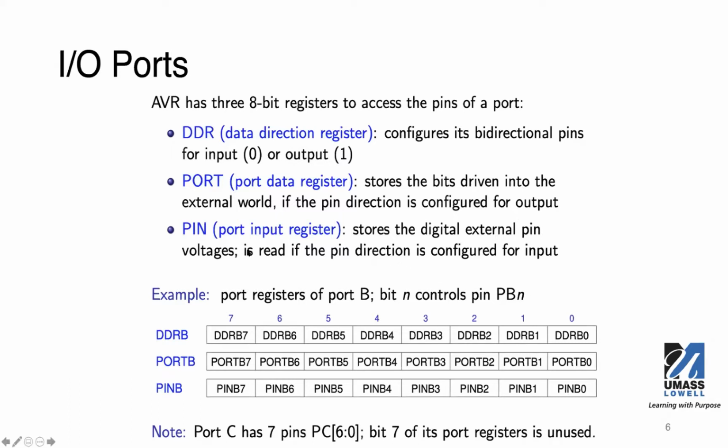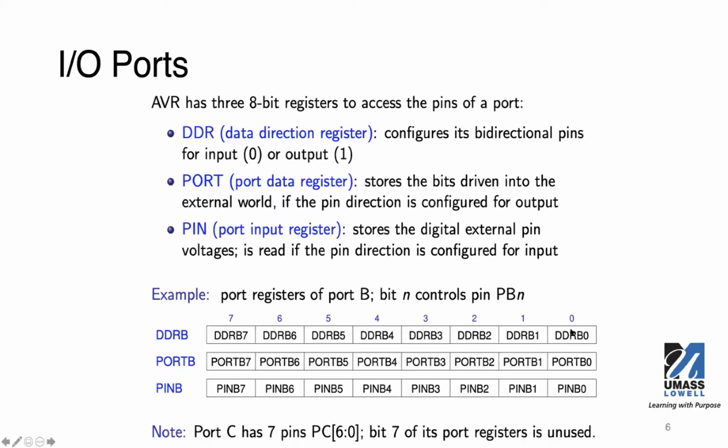So for example, we have port B. For this port B, we have the corresponding 3 registers. So we have DDRB, PORTB, and PINB. And we have these 8 bits in each of these registers. And bit n controls pin PBn. So for example, if I focus on bit 0, so this DDRB0, this value here will determine for the PB0 pin, am I setting it as an input or output?